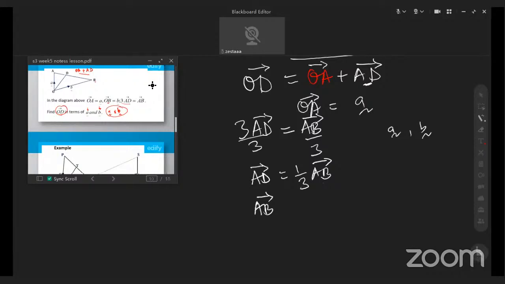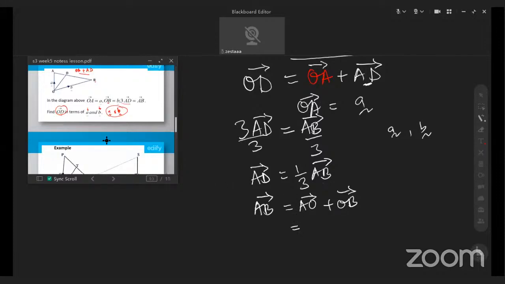AB is equal to AO plus OB. And what is AO?